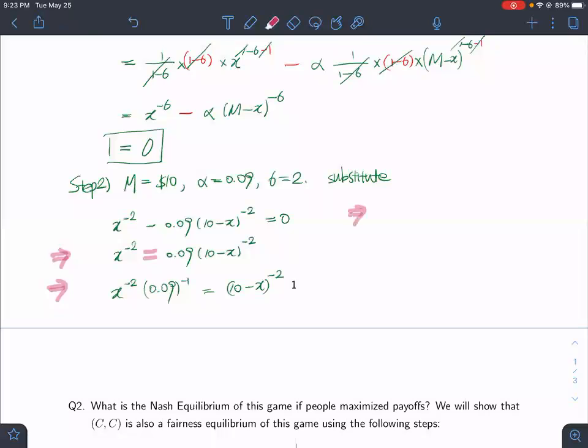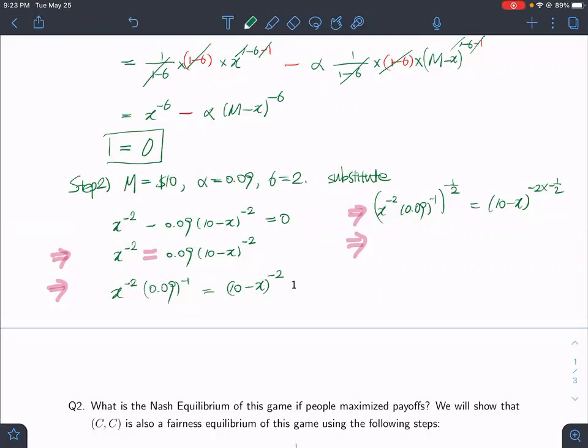So the next step, let me power each side by -1/2, which gives x minus 2, 0.09 power to this, 10 minus x 2, like this. Of course, you guys can be much faster than me.